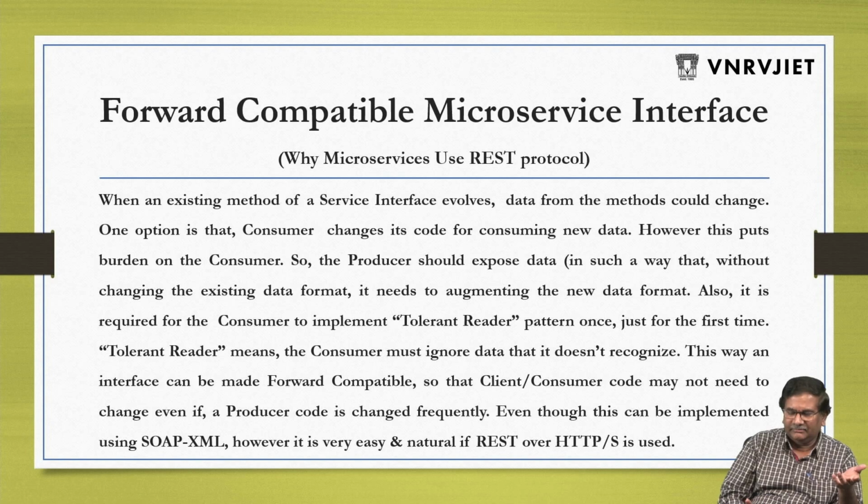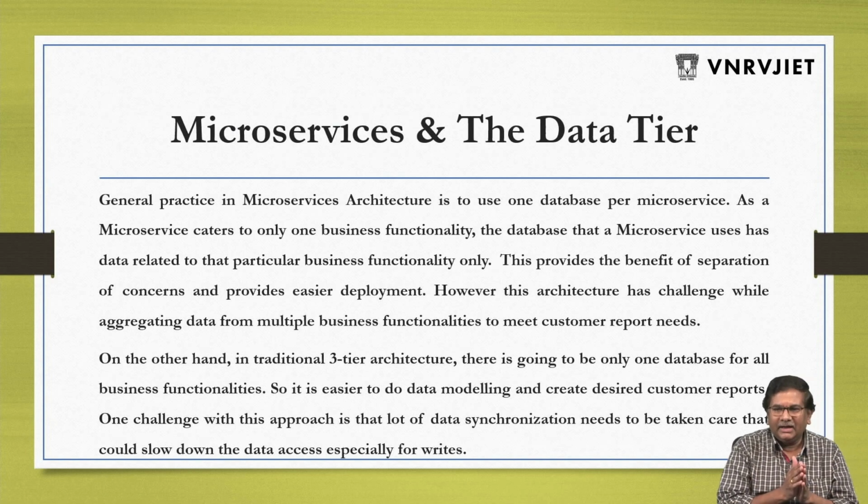This is mostly towards justifying that microservices use REST over HTTP because it is convenient compared to SOAP and other WebSocket architectures, because it is flexible, whereas SOAP and other protocols are not flexible enough. That's the justification.